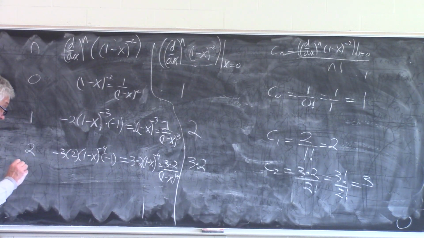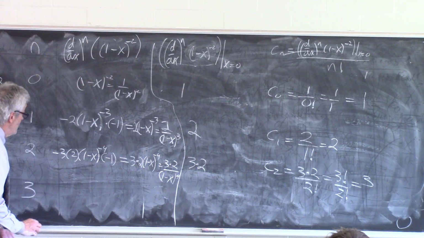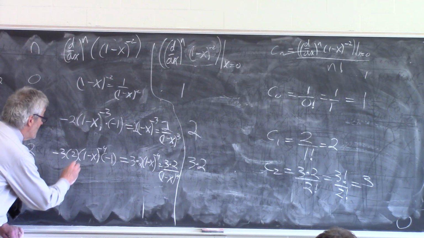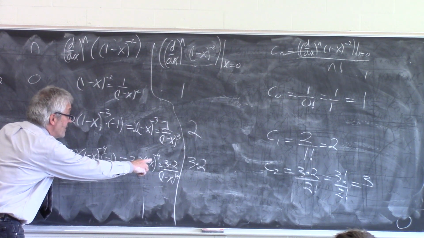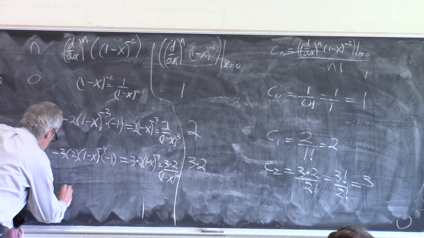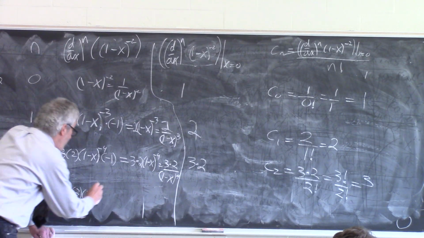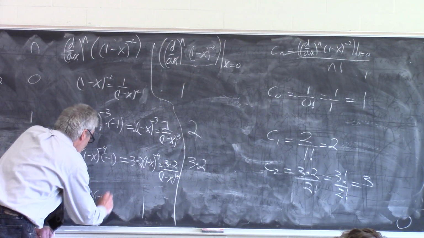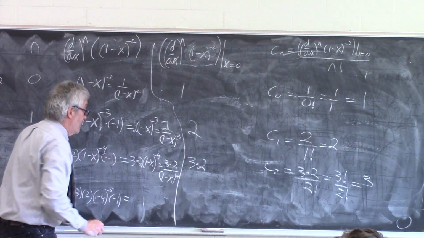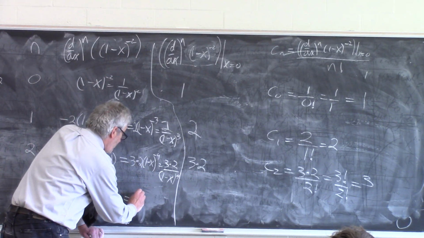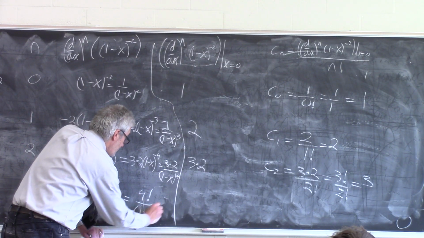Let's just do one more of these to see if we're onto something. So when I do C3, I take the derivative again, so the derivative of this is going to be minus 4 times 3 times 2 times (1 minus x) to the negative 5th times a minus 1. Let's just skip to it. I'm going to have 4 factorial over (1 minus x) to the 5th.